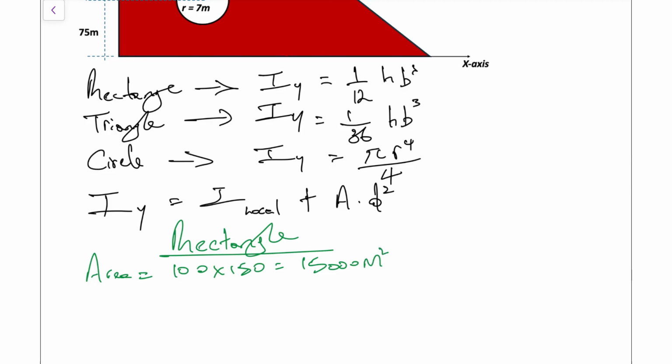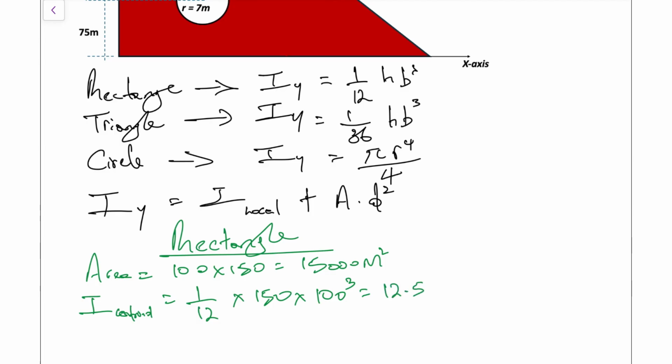So we need to find the area moment of inertia about the centroid, and that will look just like our formula up top. So that's going to be 1/12 multiplied by the height times base cubed. So 1/12 multiplied by 150 and multiplied by 100 cubed, and that will give us 12.5.